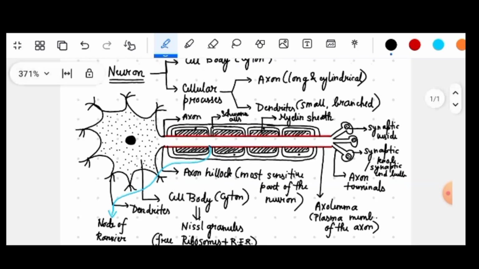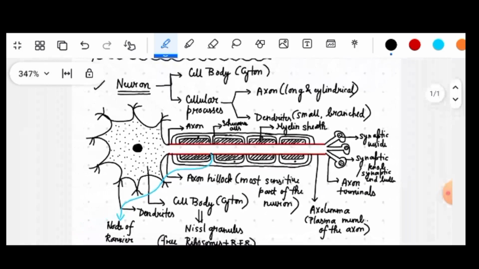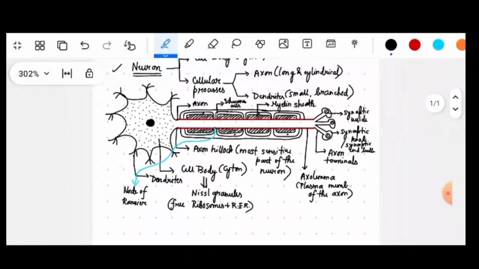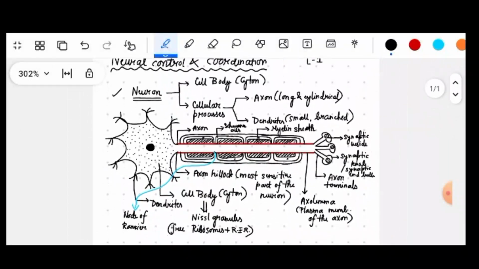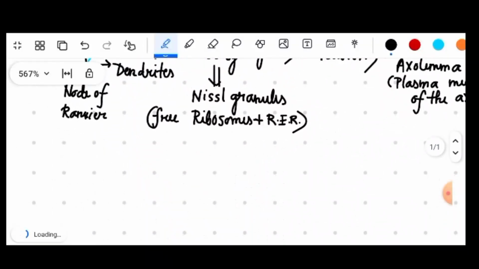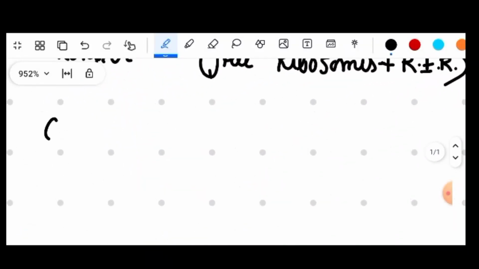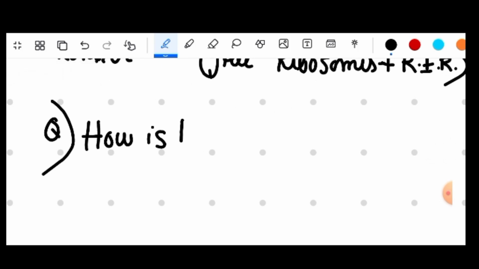Now it's very clear. Now there are several questions that can arise out of this structure. The first question is, how is the myelin sheath formed?